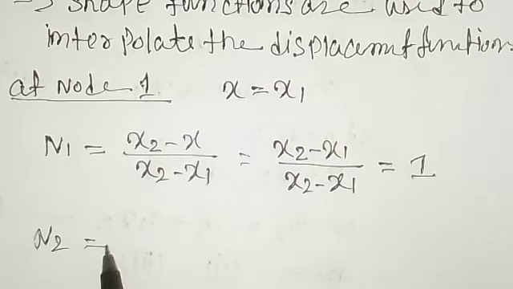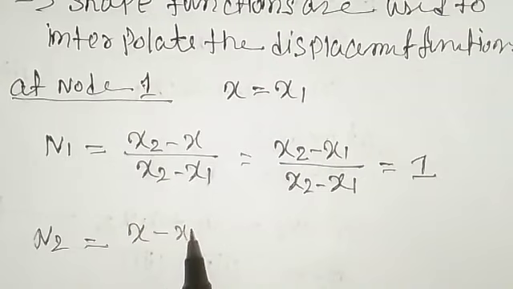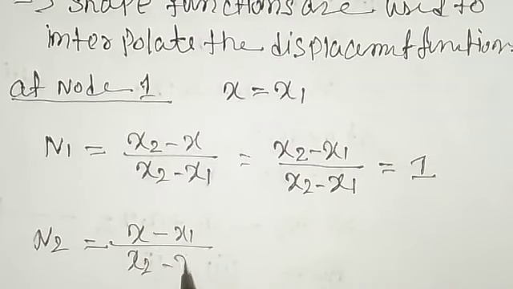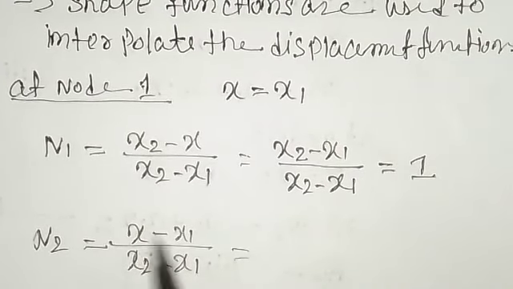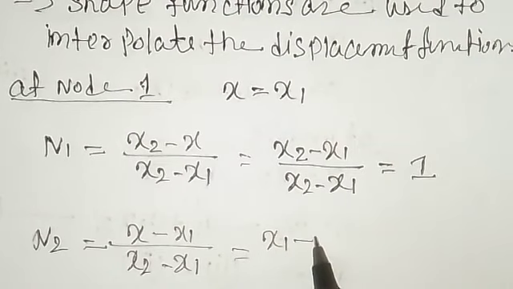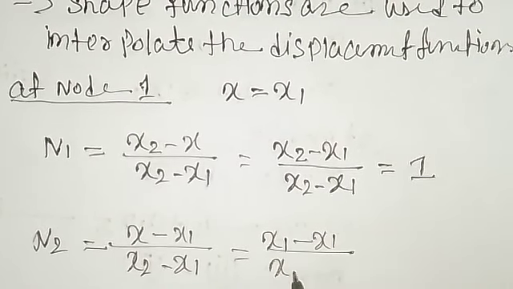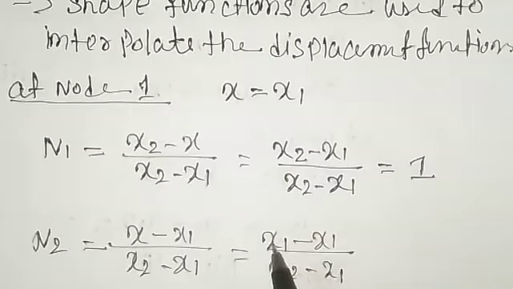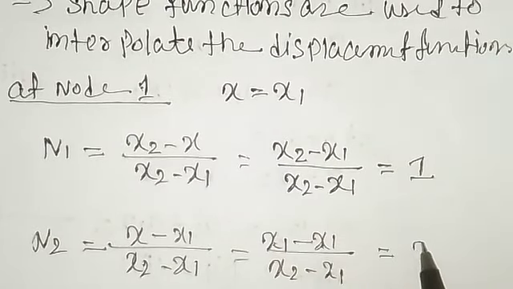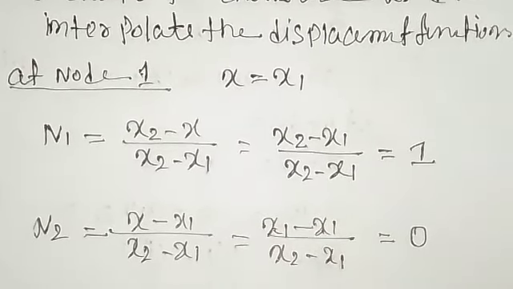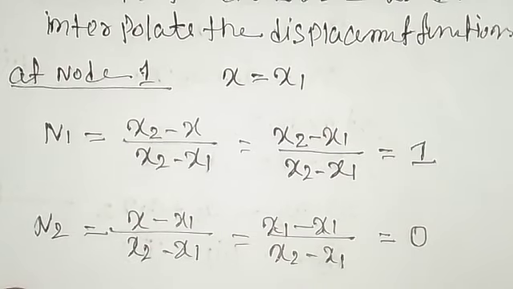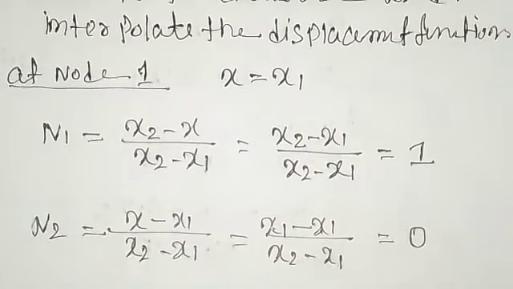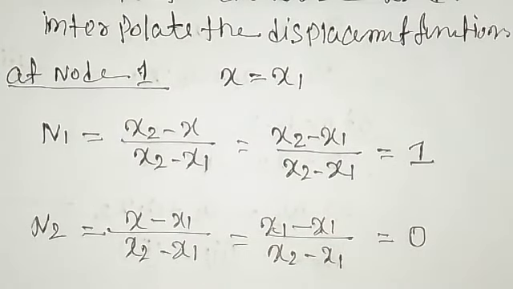Again at node 1 only, we'll see the shape function n2. n2 is equal to (x minus x1) by (x2 minus x1). Substituting x is equal to x1, we get (x1 minus x1) by (x2 minus x1), which is 0. Means at node 2 we don't have any shape function, there is no displacement at node 2 for x equal to x1.